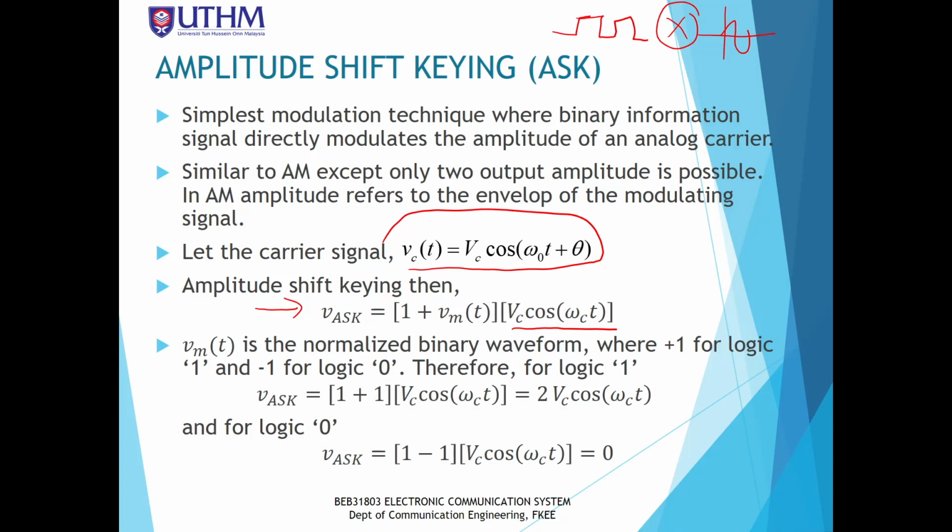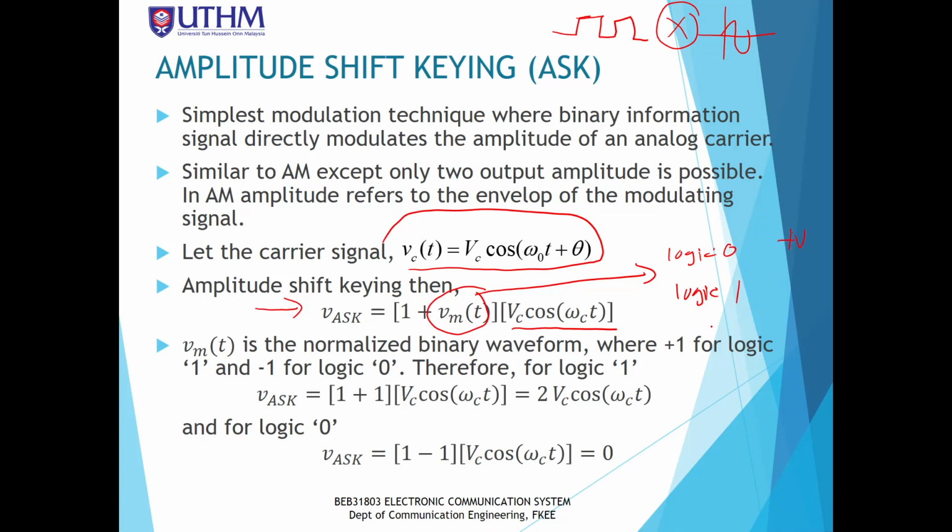So now the difference would be based on the input. Because here the input Vm(t) only has the possibilities logic 0 or logic 1.